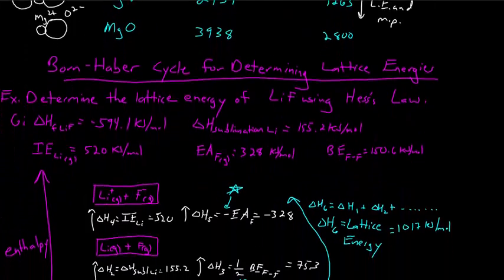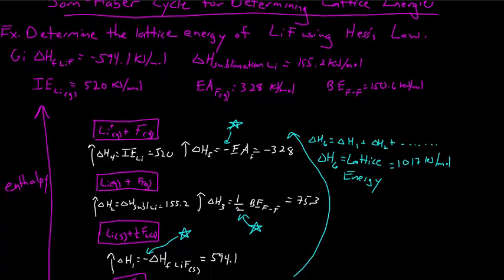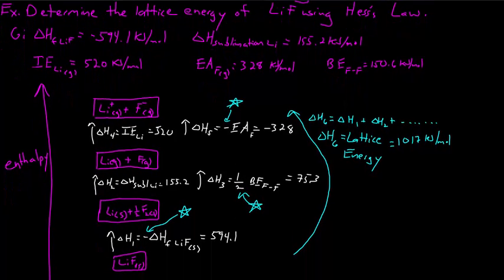Now, you'll need to be using the Born-Haber cycle for determining lattice energies in some problems. To determine the lattice energy, you can use some of the information provided to you. Now, the lattice energy, which is this long one in blue, is the amount of energy to take solid ionic compound and separate the ions into gaseous ions.